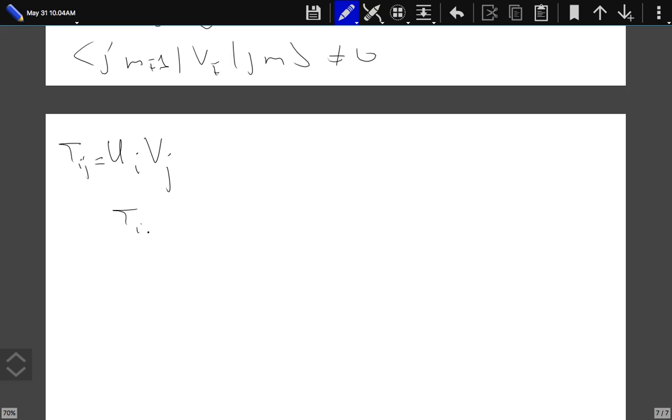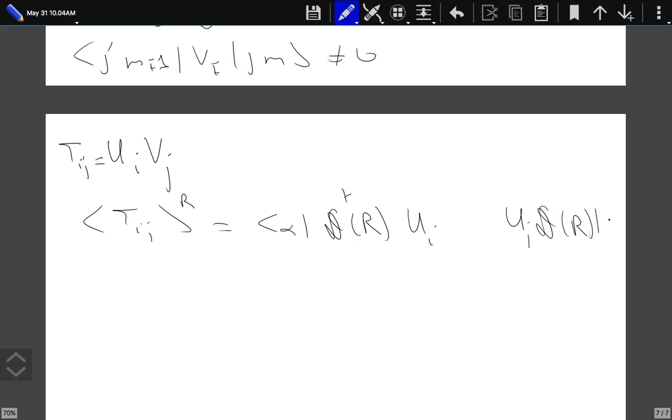You see Tij in the rotated basis will be equal to, let me just do a couple of steps. This will be alpha, D_R dagger, Ui Uj, D_R, alpha.